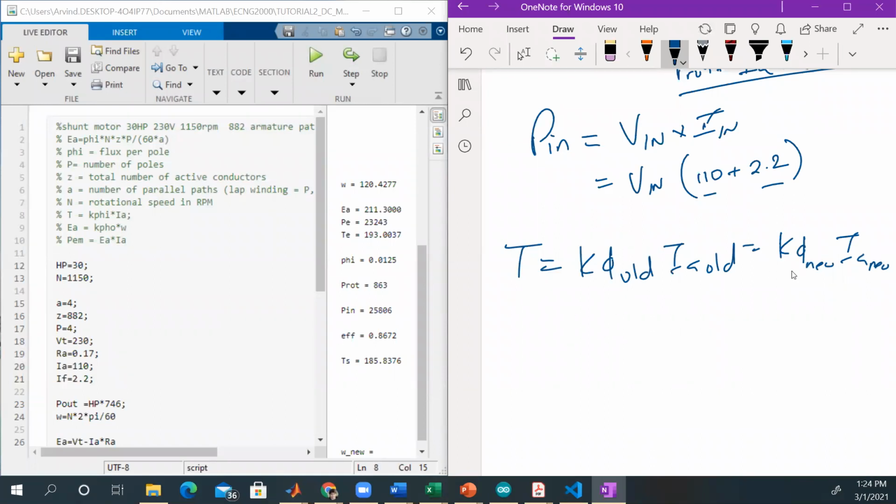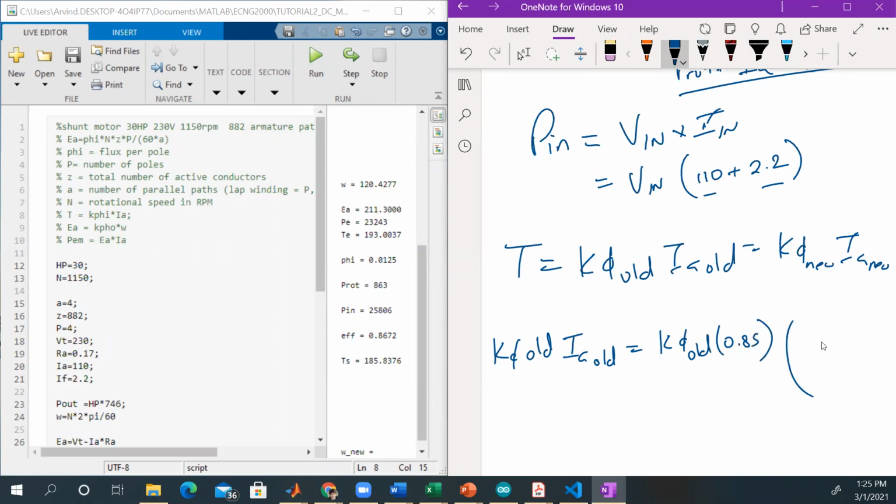So if now K phi new is 0.85 of K phi old, then I will have here K phi old, IA old is equal to K phi old by 0.85, IA new.